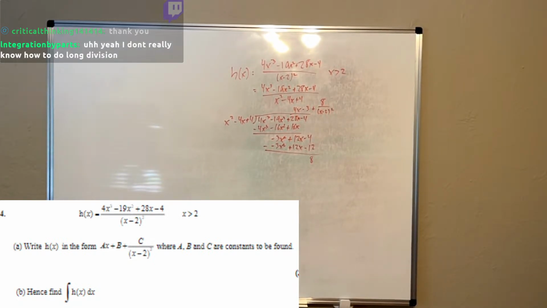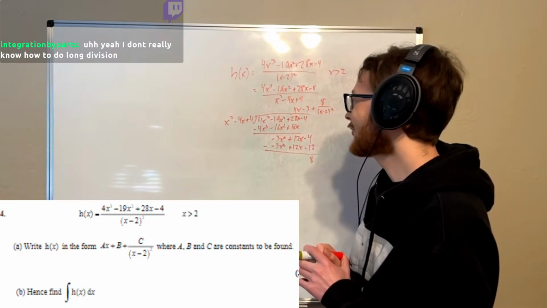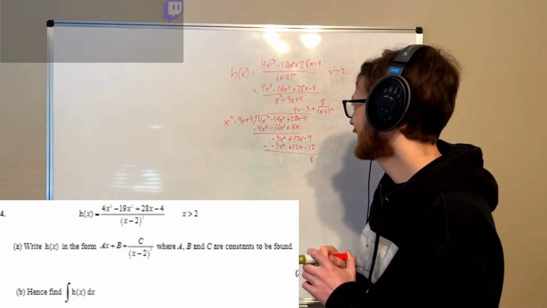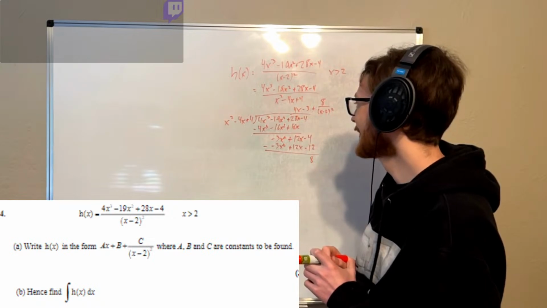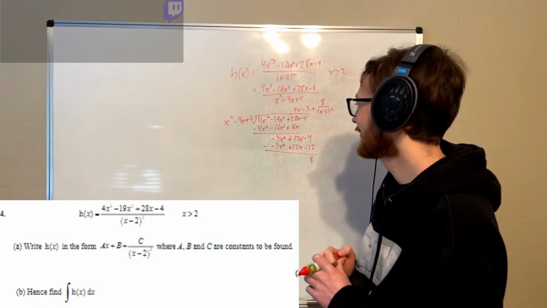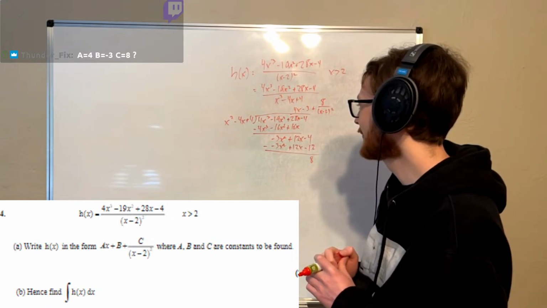Oh, let me explain it better. Or if you'd rather just see the synthetic division way, I can do that too. But the long division way is, I kind of want to work back through this now.